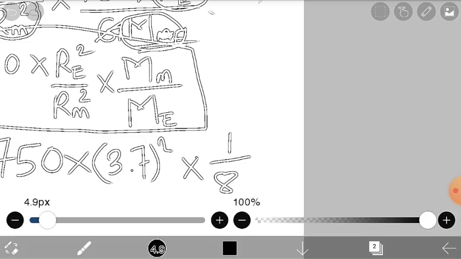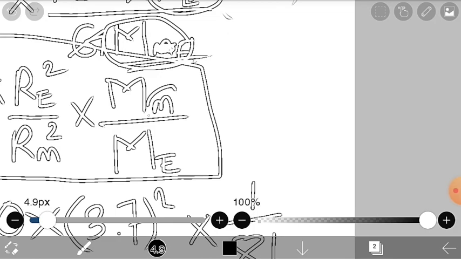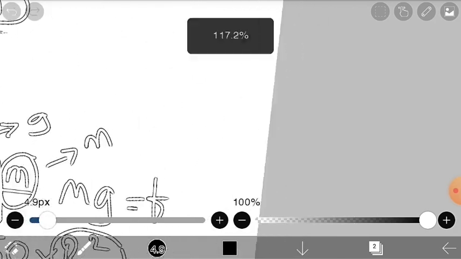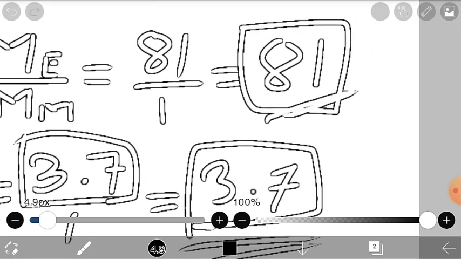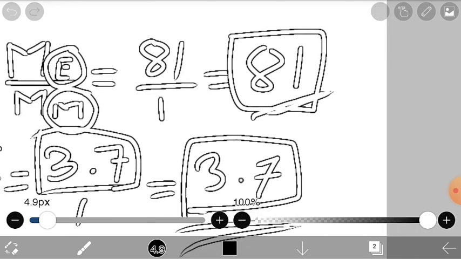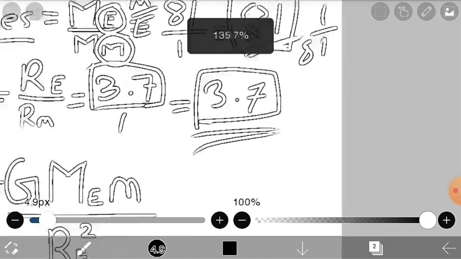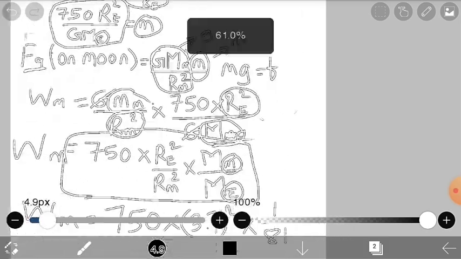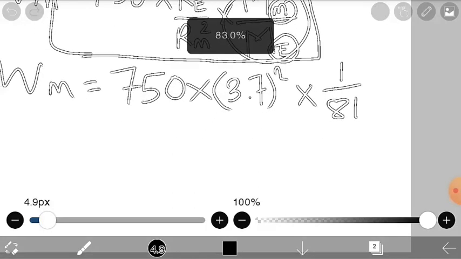As you can see here, it is mass of moon upon mass of earth, and in the given data we have written mass of earth upon mass of moon, and it is 81. Therefore mass of moon upon mass of earth will be equal to 1 upon 81. Therefore instead of this we have written here 1 upon 81.